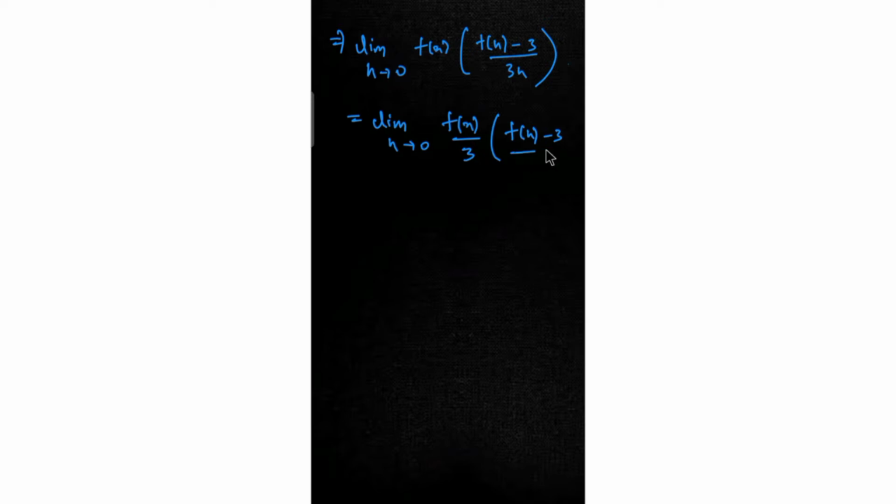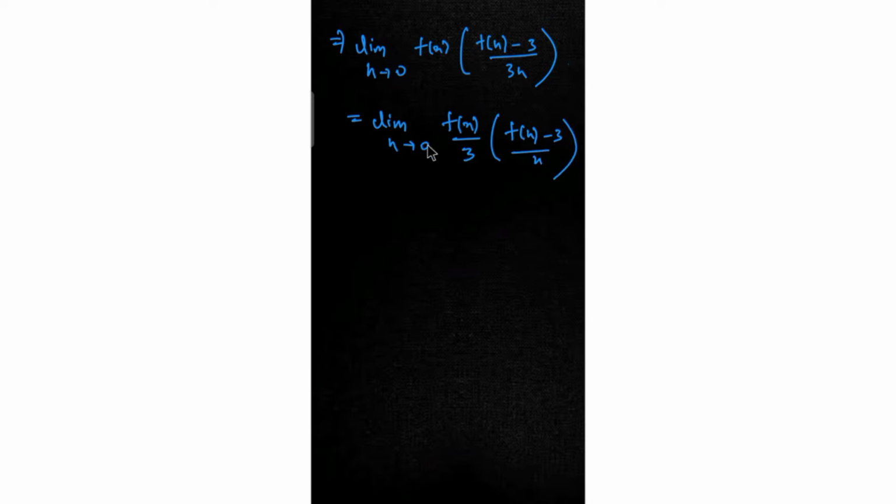Going into the next page, it is limit h tends to 0 of f of x into f of h minus 3 divided by 3h. I just took the term f of x common. So it's limit h tends to 0 of f of x divided by 3 into f of h minus 3 by h.